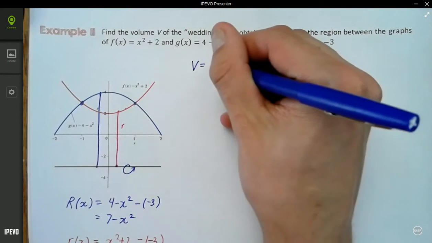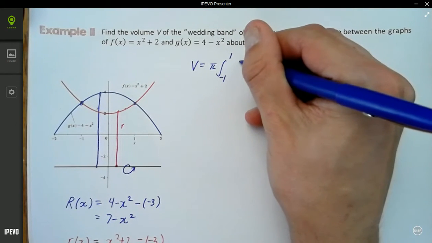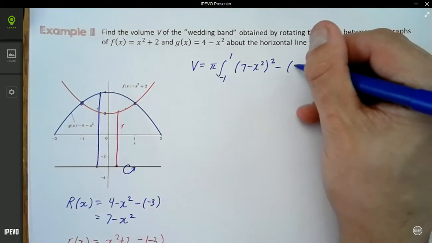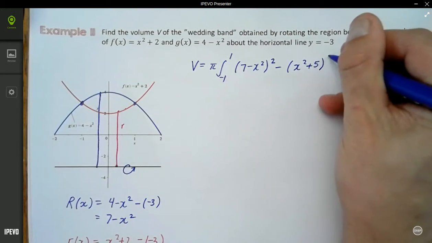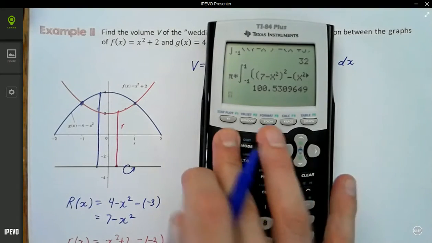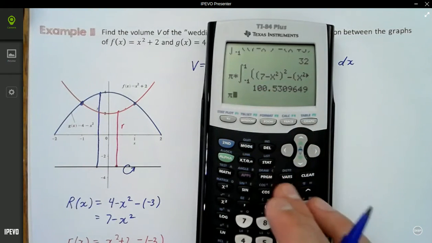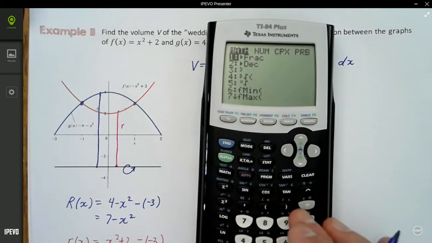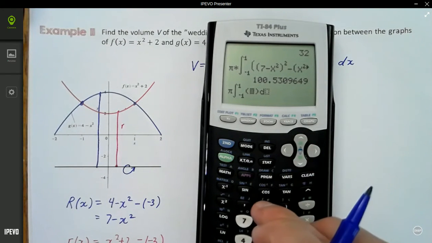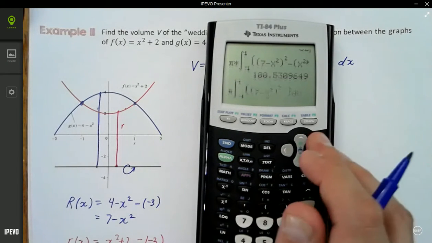So volume is equal to pi times the integral from negative 1 to 1 of big R of x, which is 7 minus x squared, squared, minus little r of x, which is x squared plus 5, and that's squared as well. Now, if you have a calculator, this is where it's handy to use your second pi math 9, and I've already done that above, but I could say math 9 now, and I can do my integral from negative 1 to 1, and I strongly suggest this, 7 minus x squared, if you're allowed to do this, because the algebra can get a little tricky.